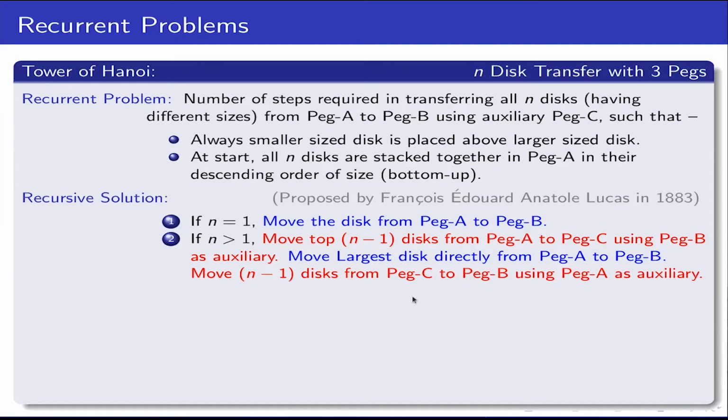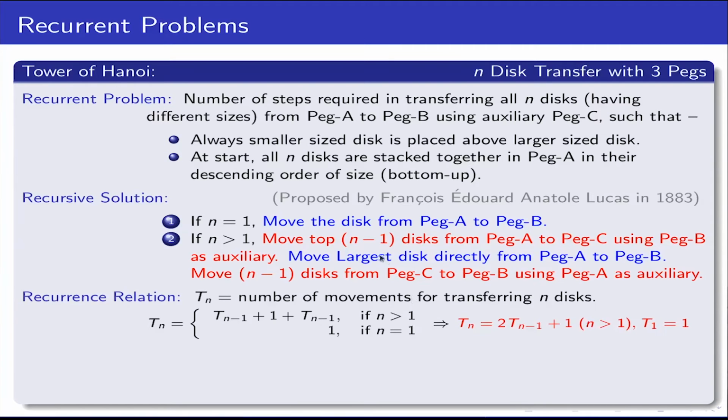The blue ones contribute to the number of moves, and the red ones contribute to the call to the same function. So looking at this strategy of solving, we can easily see that if Tn is the number of movements to transfer, then it first transfers n minus 1 disks, then places the larger disk into the destination peg, plus putting back all those n minus 1 disks which were waiting in the auxiliary towards the destination.